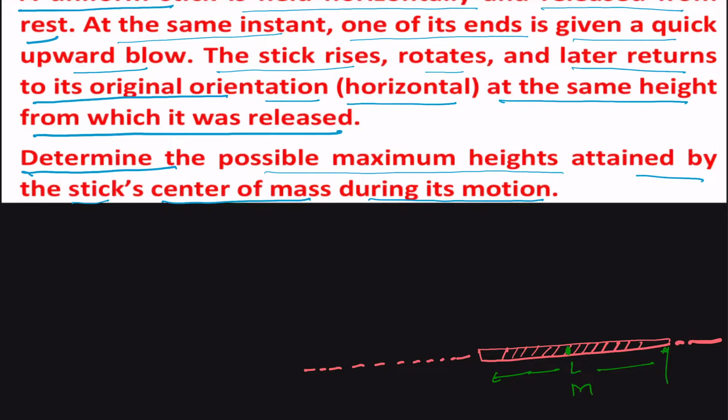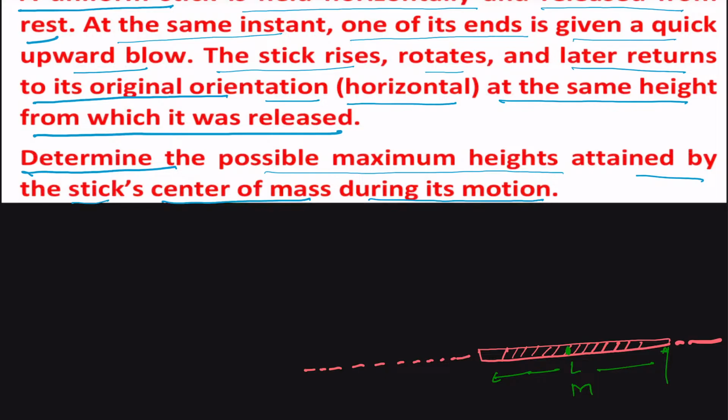First is energy conservation, but we have to consider the conservation of energy after the impulse has been applied, because impulse is an external force, and in the presence of an external force the conservation principle is not valid.